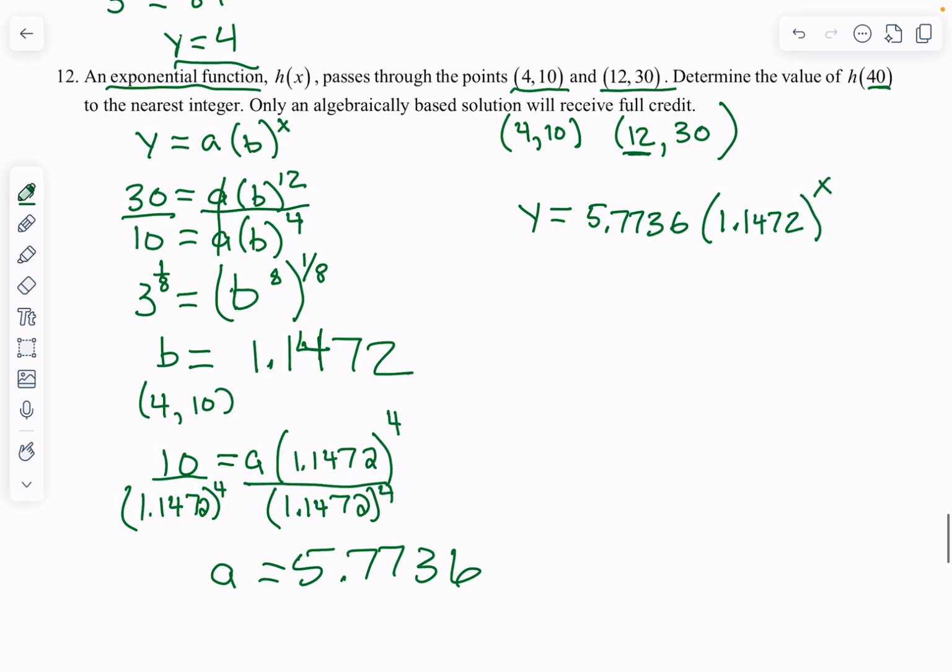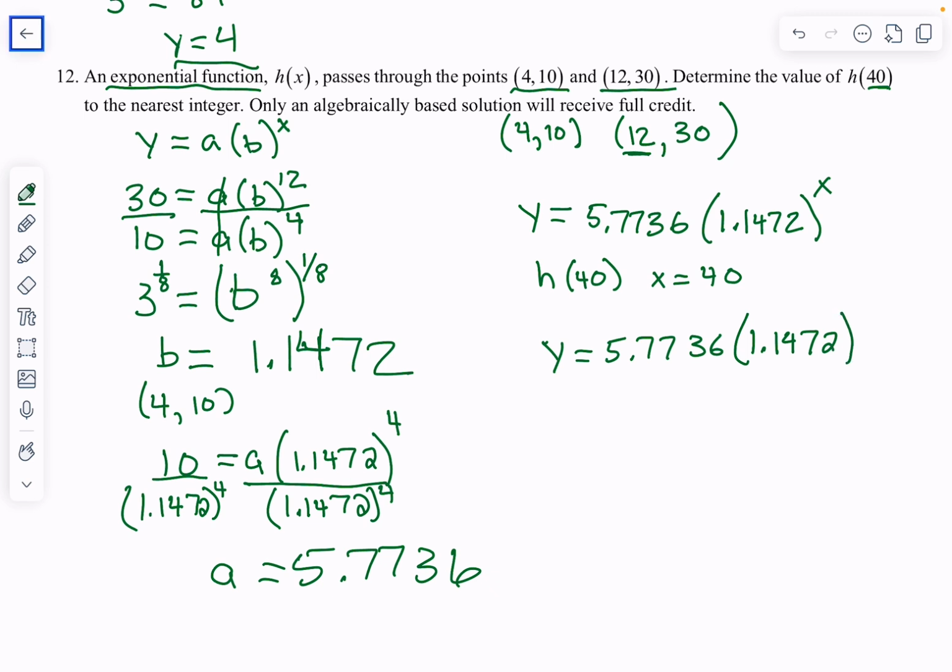Okay, so to find h of 40, this 40 is x is equal to 40. So we're going to put in y is equal to 5.7736 times 1.1472 raised to the 40th power.